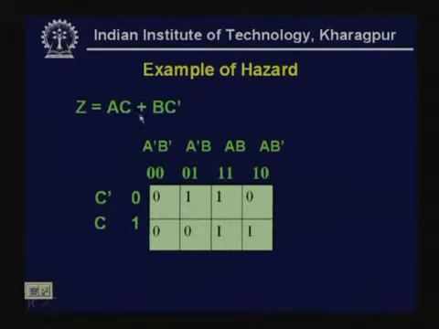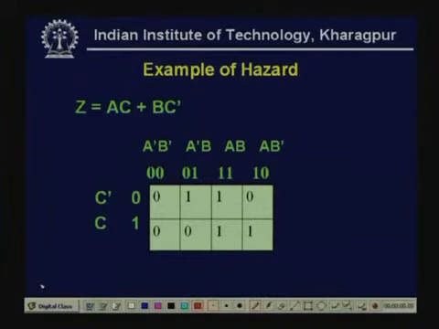Say Z equal to AC plus BC bar. This is a 3 variable expression. Now if we draw the Karnaugh map for this expression Z, then how do we see it?